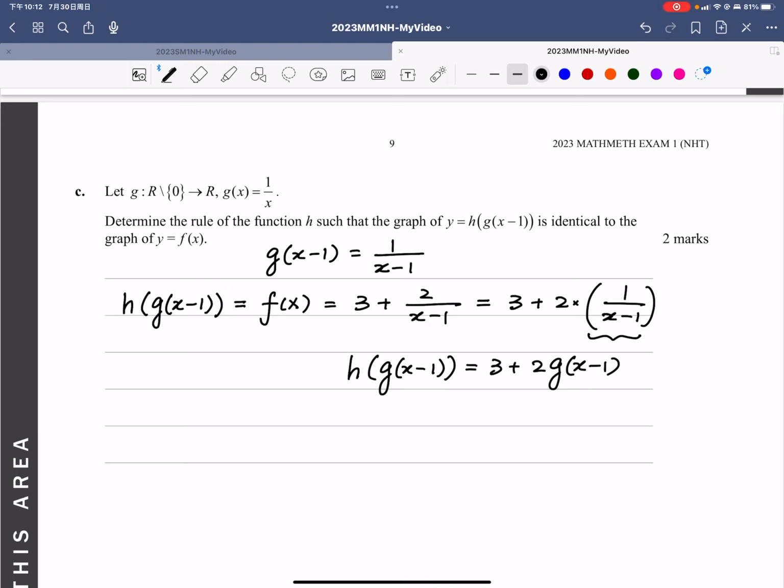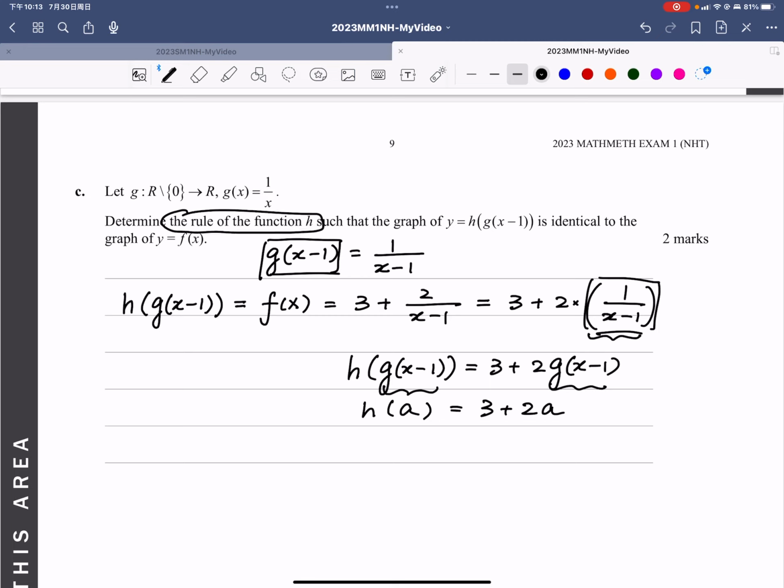Well, the idea is this is equal to g of x minus 1. You can just change it. And what if I put this as a? So h of a will be 3 plus 2a, okay? So we want the rule of the function h. Now, it's better off in terms of x. So h of x equals 3 plus 2x, okay? Ooh, it's not difficult, it's just a little bit different, but a decent question.